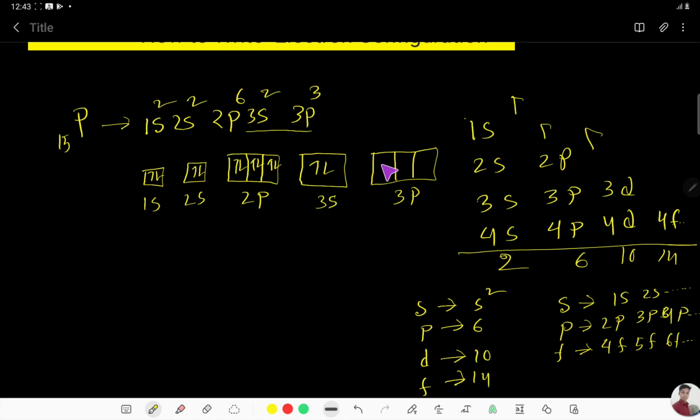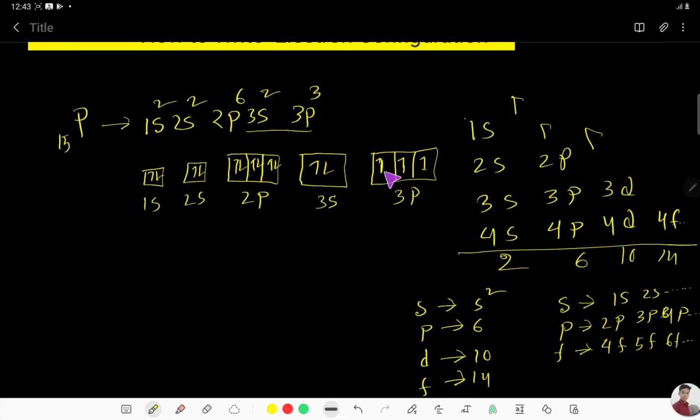So every orbital will take one electron before pairing up. So here we have 3 electrons, so every orbital at first will take 1 electron, then it will pair up if you have more. There is no more, so they will stay like this.